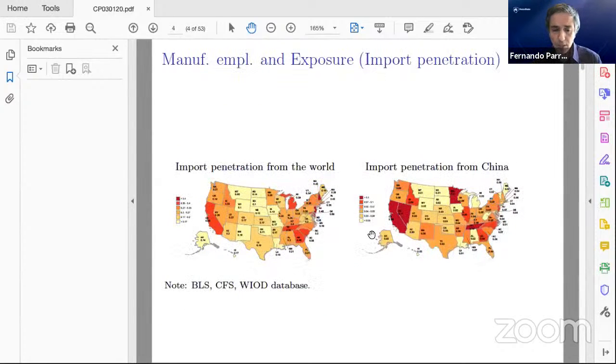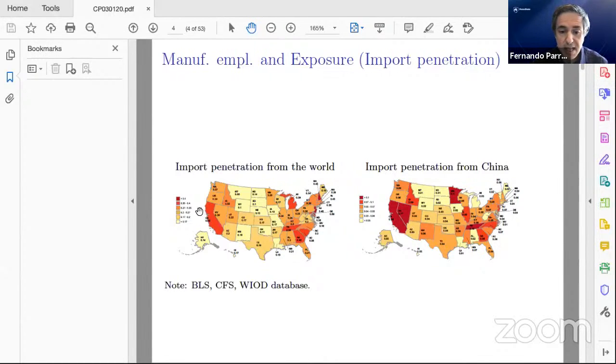In the paper, we document a similarly large heterogeneity in the distribution of manufacturing employment across US states. But not only that, we also observe in the data that there is a spatial heterogeneity in the exposure to changes in tariffs. So on the left panel, we computed the import penetration from the world.